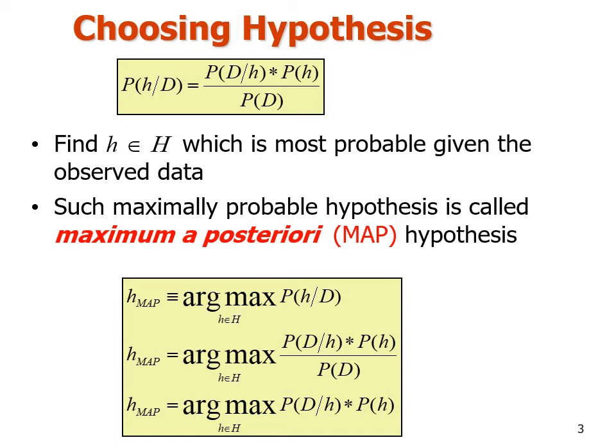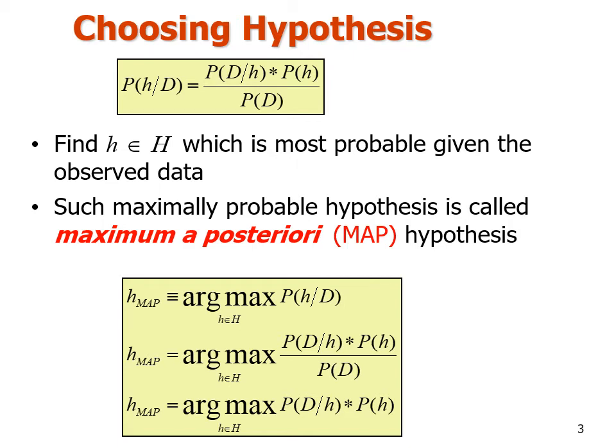We are going to compute the posterior probability of hypothesis H given the fixed data set D. We are computing this posterior probability for all the hypotheses in the hypothesis space, and will pick the hypothesis from the hypothesis space H such that its posterior probability for the given data D is maximum.